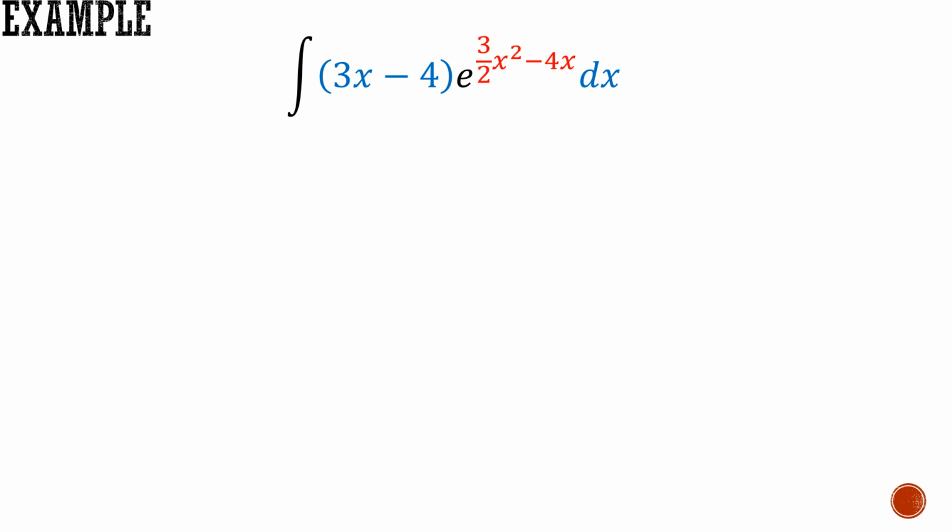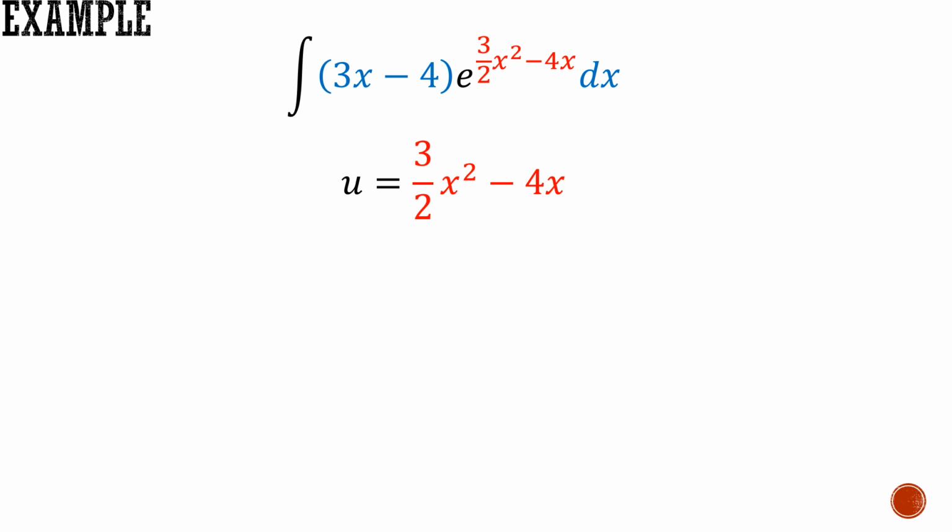Very first step again is to find my u. And so looking at this problem, I want to look for the inside function. And looking at this, the easiest way to pick it out is going to be your exponent. So for this problem, we're going to let our u be this 3/2 x squared minus 4x. All right, so this red section again is my u.